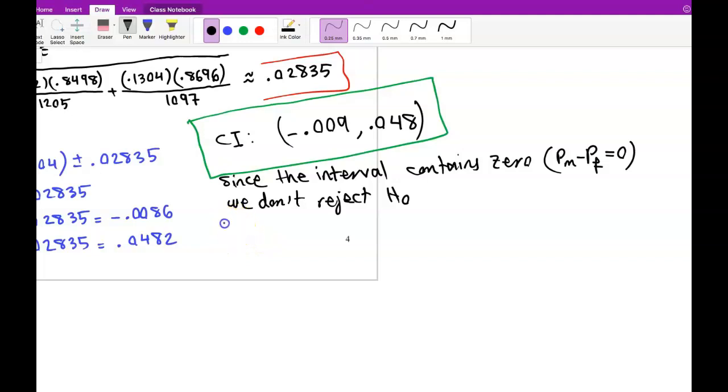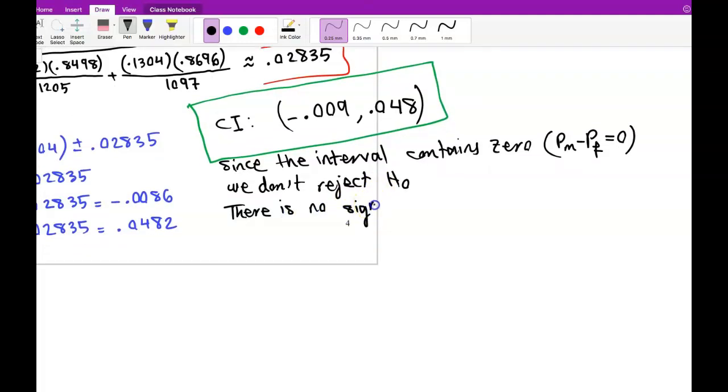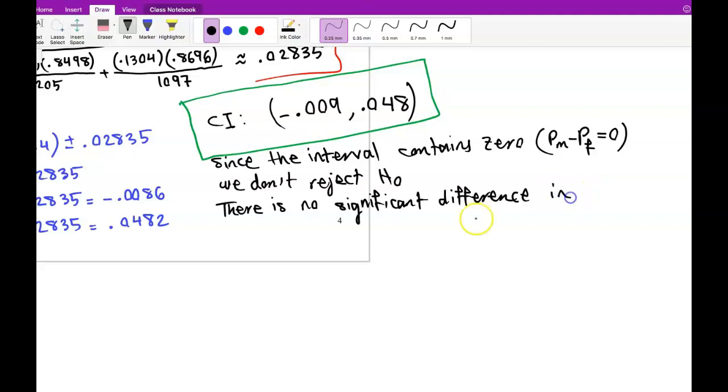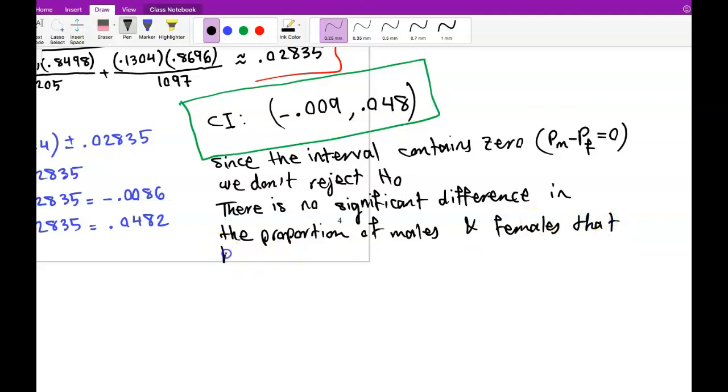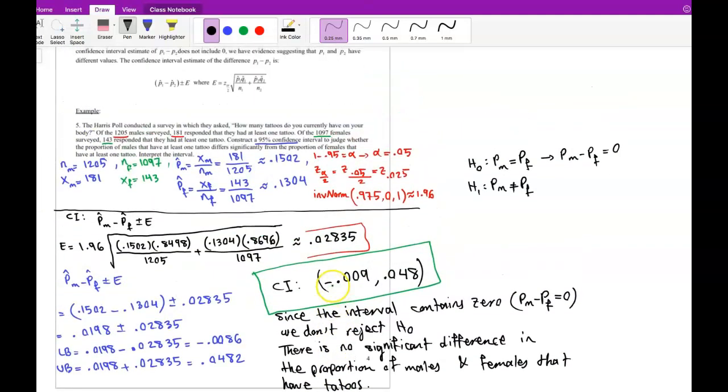What that means is that there is no difference in the proportion of males and females that have tattoos. Okay, we finished this part.